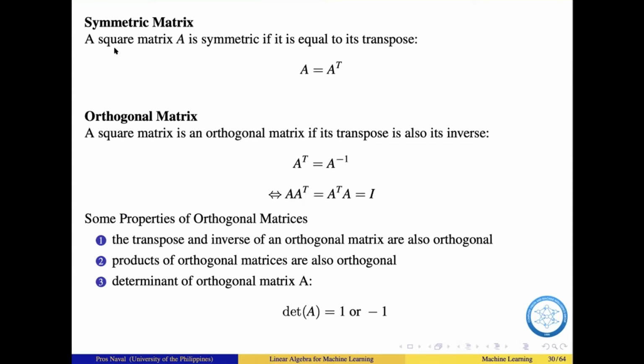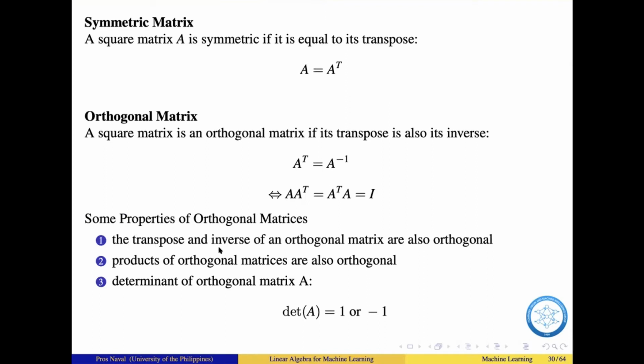Symmetric matrix: a square matrix A is symmetric if it is equal to its transpose. Orthogonal matrix: a square matrix is an orthogonal matrix if its transpose is also its inverse. Some properties of orthogonal matrices.